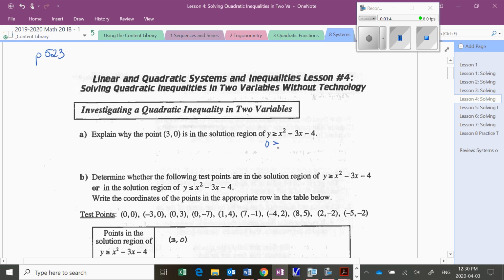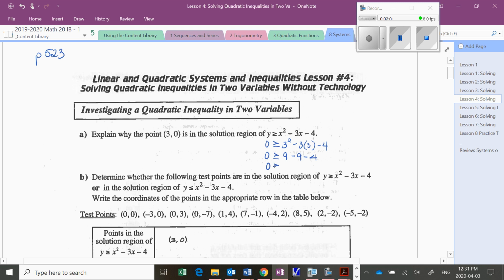So y is 0, so 0 is greater than or equal to 3 squared minus 3 times 3 minus 4, and we're just going to simplify that right side as if it was an order of operations expression. So we've got 9 minus 9 minus 4, so 9 minus 9 is of course 0, minus 4 is just negative 4.